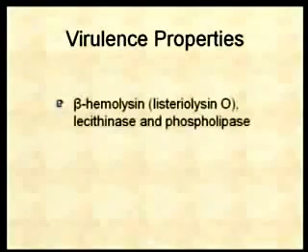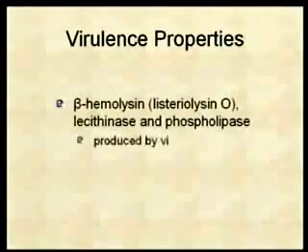Virulence properties: beta-hemolysin. It causes lysis of the cells, and I'll tell you a little bit later when we talk about the organism another characteristic where beta-hemolysin would contribute to spreading of the organism.